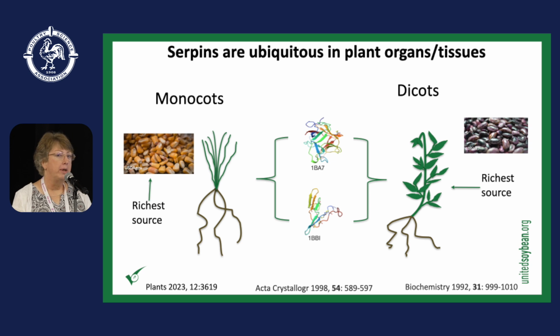So now let me talk about that a little bit, because you guys are nutritionists. So the cereal grains, as you know, the starchy endosperm is starch. It doesn't have a lot of protein. So even though it's a quote-unquote rich source, it doesn't mean there's a great deal of it necessarily. It's just rich compared to the other parts of the monocot plant.